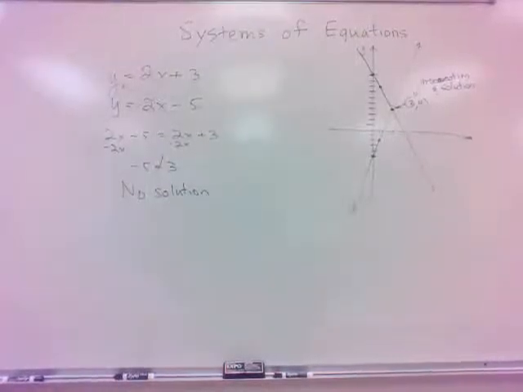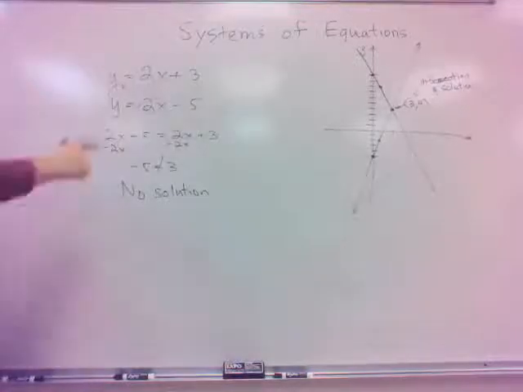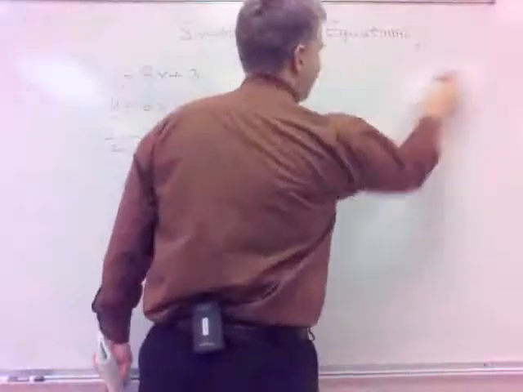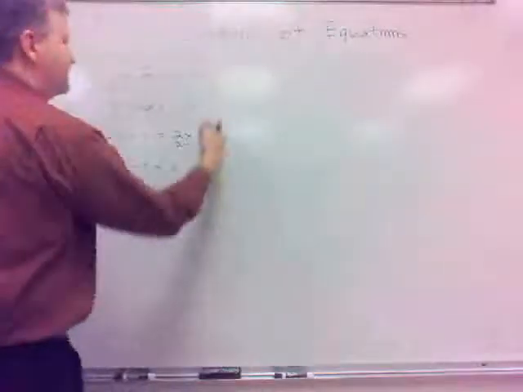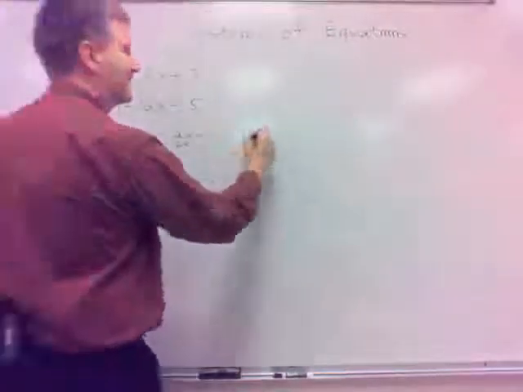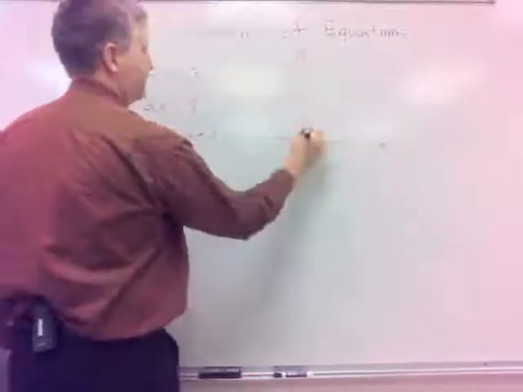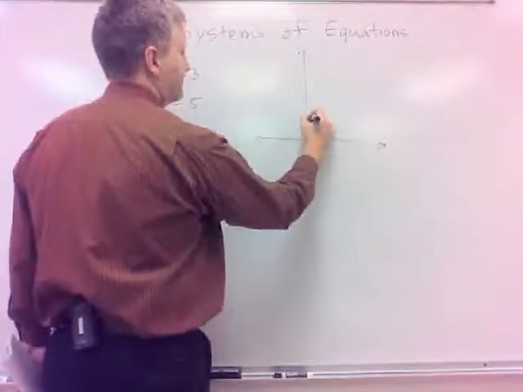Graphically speaking, though, why do I have no solution? Well, we can graph them. What about these two lines? They're parallel. They don't intersect. This one has y-intercept 3, rise 2, run 1.